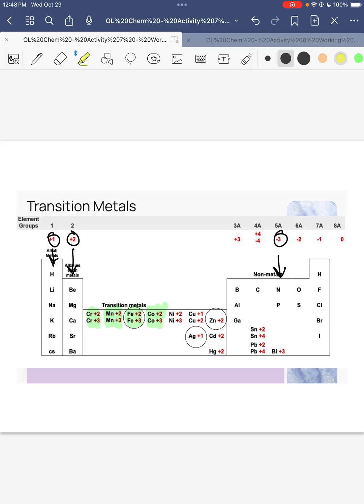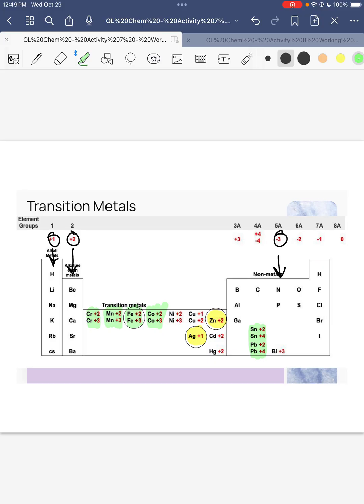The only exceptions to this rule are things like zinc, which always has a +2 charge, and silver, which always has a +1 charge. So even though they are transition metals, we don't treat them like transition metals. Some things in the other metal category, like tin or lead, also get treated like transition metals because they can have variable charges as well.